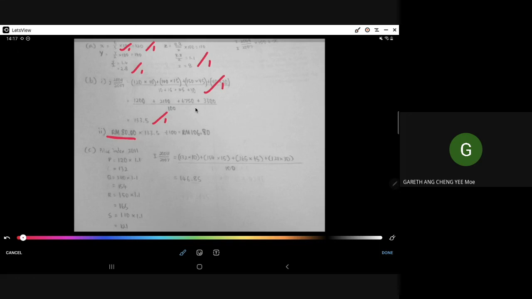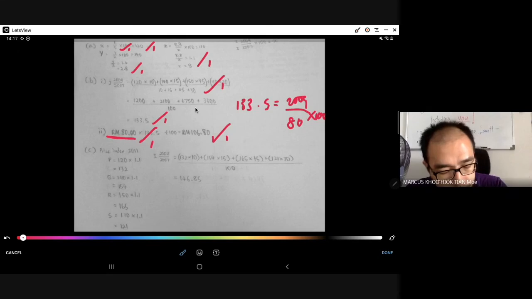So we need to calculate the manufacturing costs for the corresponding to the year 2009. So we take 80 ringgit and times it with the answer on B1, which is the production cost for 2009, and then divide it with 100, and you'll get 106 ringgit 80 cents. All right.